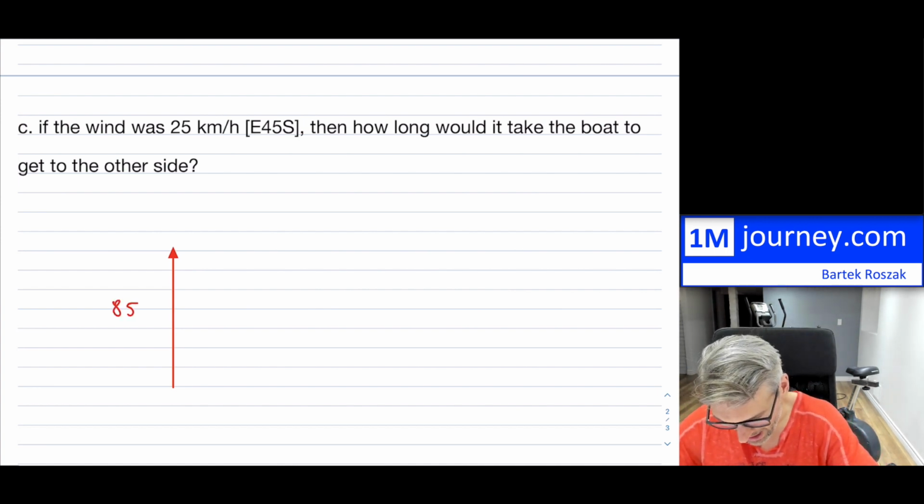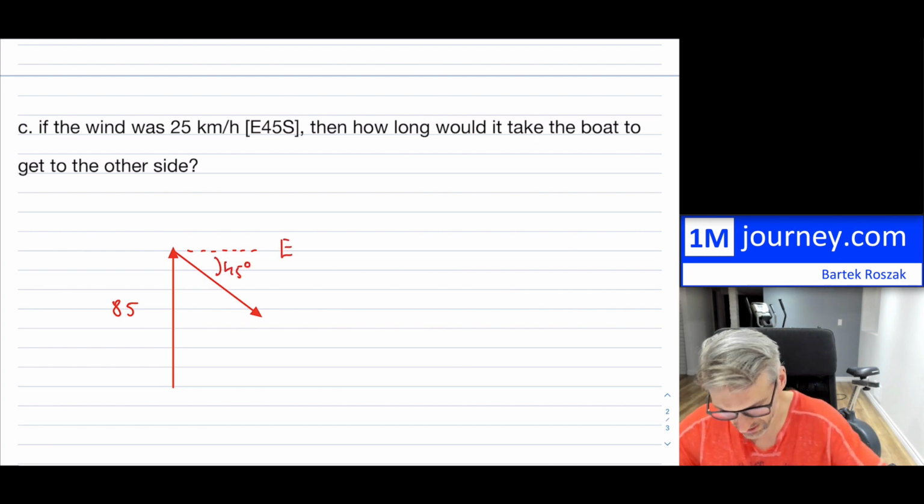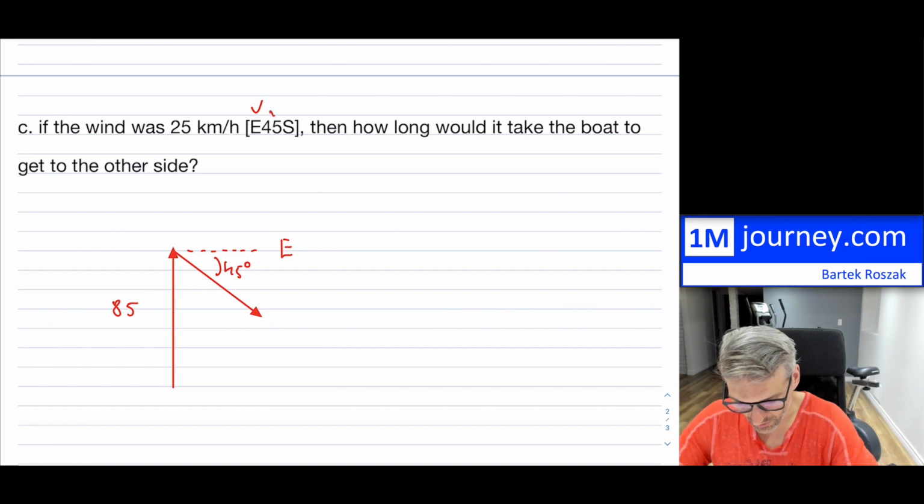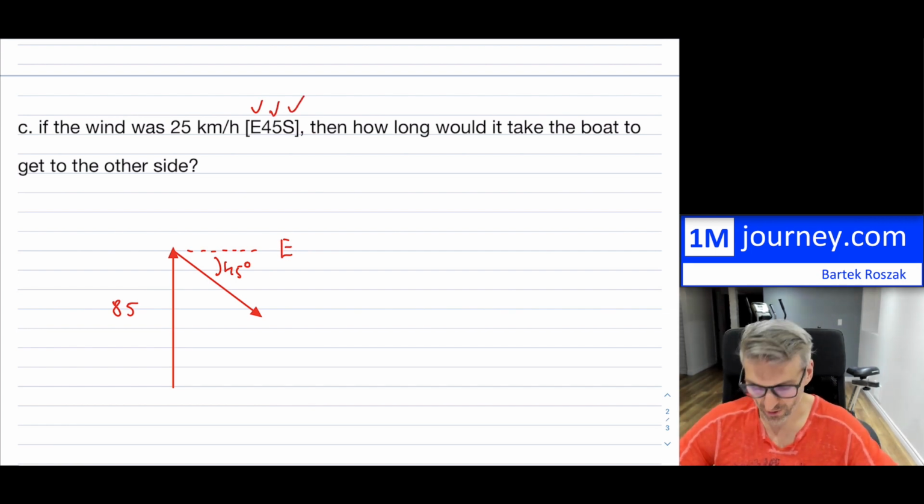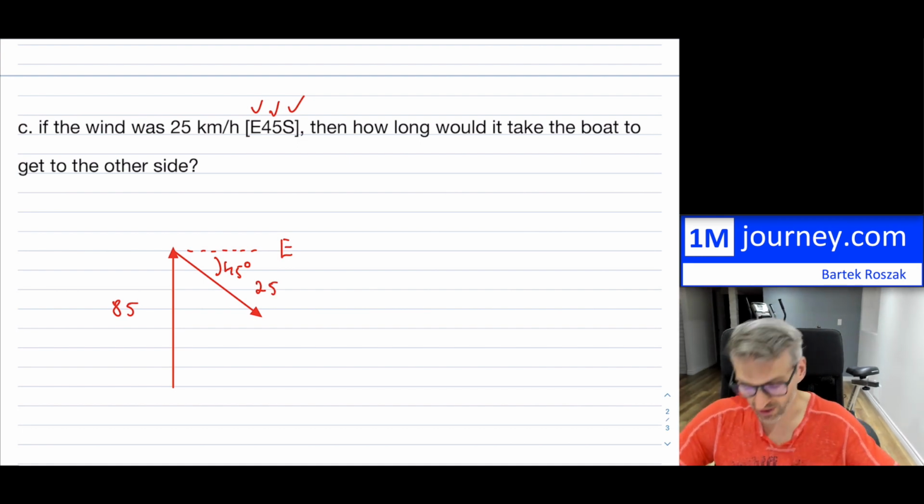But now this particular wind is at an angle. If this is east, the angle is 45 degrees, east 45 degrees south, so we're going down. This is now 25 kilometers per hour.